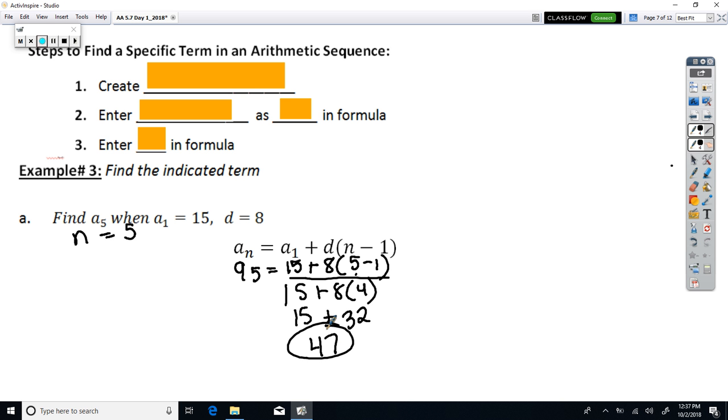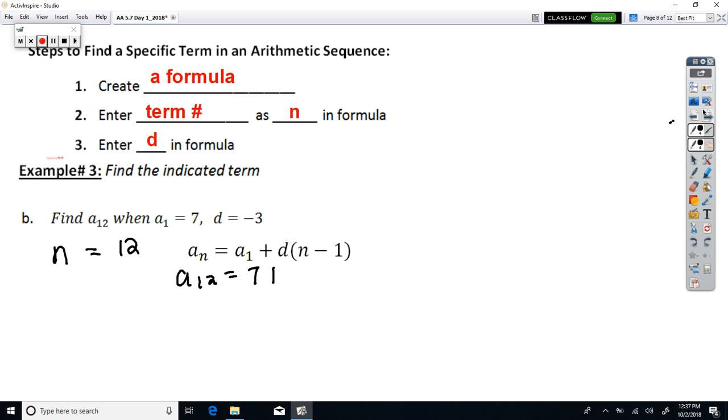But again, if you want, you can use your calculator, and you can type the whole thing in without having to do any order of operations. Okay, the next one. I already kind of started it. n was 12. a1, first term is 7.